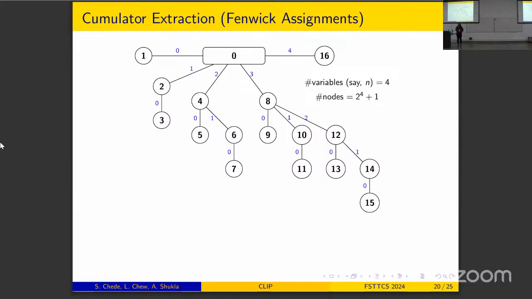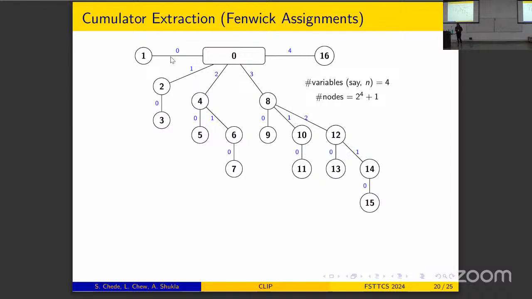This structure is simple. It's basically binary values of all these numbers. If you see, every child differs from the parent in one bit. And the number on the edge is the bit number that it differs in.